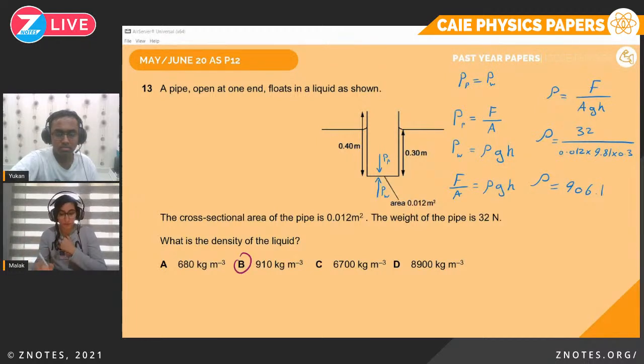Since they're both equal to each other, we can set the two equations equal: P equals P. So F over A is equal to rho GH. We write that down, and then we isolate rho on one side. So we get this equation: rho equals F over AGH. We plug in the numbers that we have, and we get rho, which would be B.